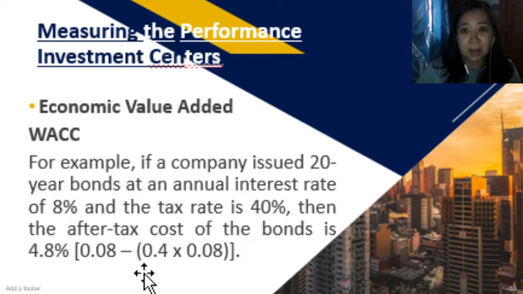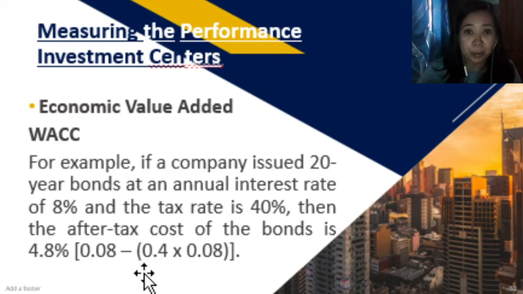To understand better, we have here an example on how to determine the weighted average cost of capital. For example, a company issued 20-year bonds, a debt instrument with an annual interest rate of 8%, and the tax rate is 40%.